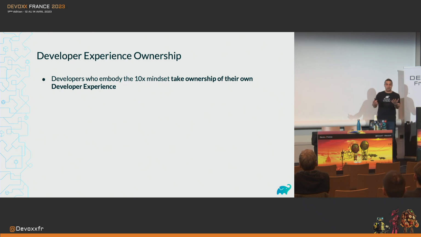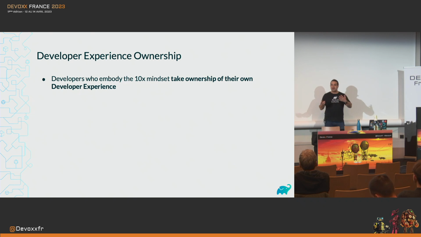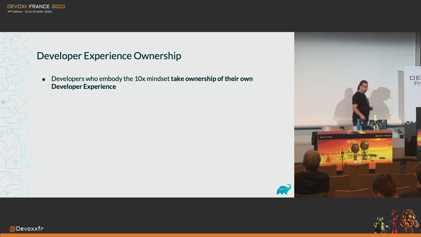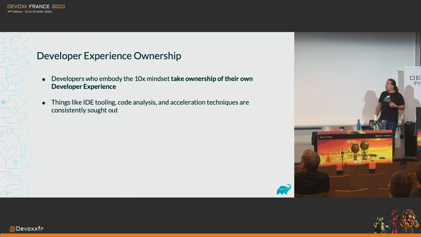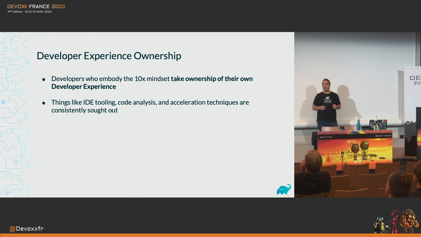They know that they have to attract and retain developer talent in order to maintain a competitive edge. So this was not really a big deal amongst the top brass of a company a couple of years ago, but now it's of concern. Things like IDE tooling, code analysis, and acceleration techniques are consistently sought out by organizations who care about productivity this way.